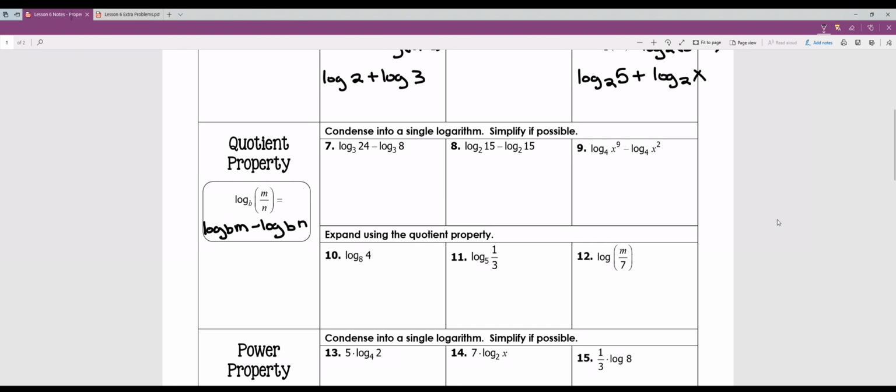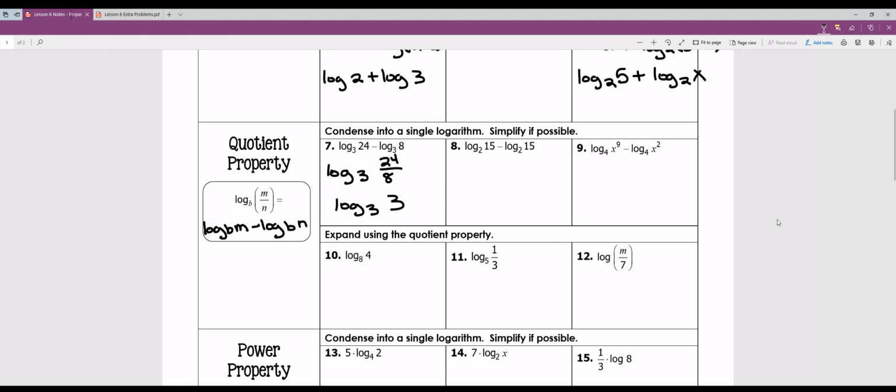Log base 3 of 24 minus log base 3 of 8. I have the same base, so I can use my quotient property, and that'll be log base 3 of 24 divided by 8. Well, what is 24 divided by 8? It is 3. So the log base 3 of 3 is this simplified logarithm. Let's take a look at number 9.